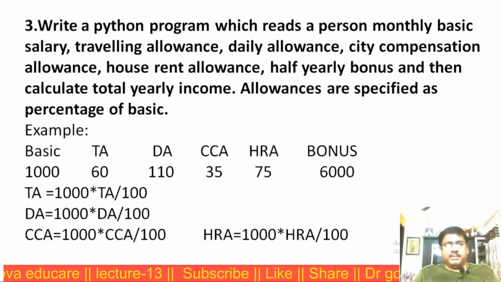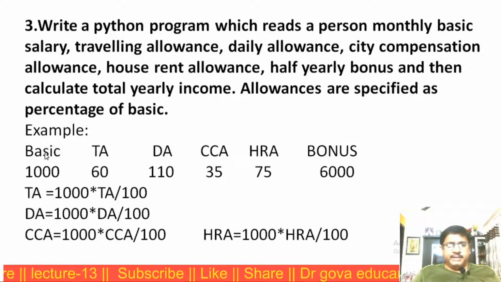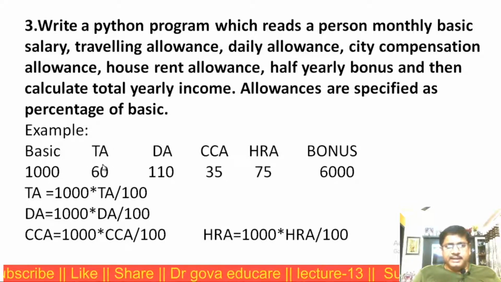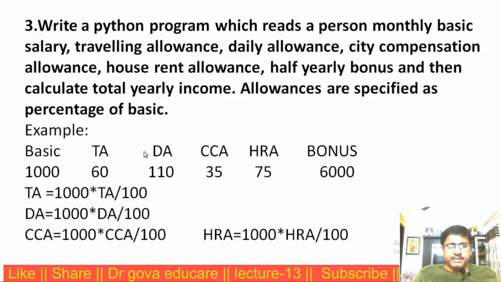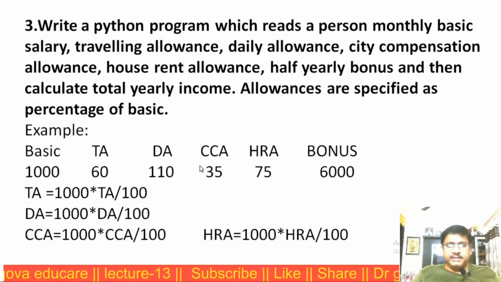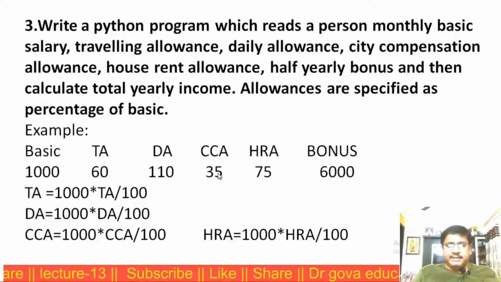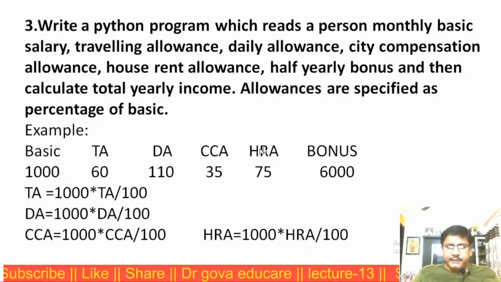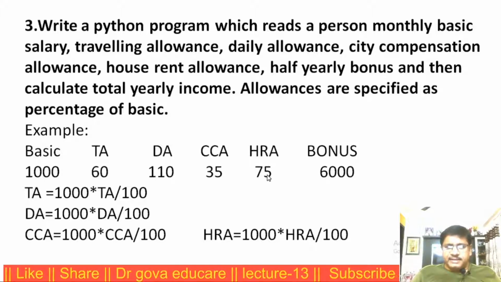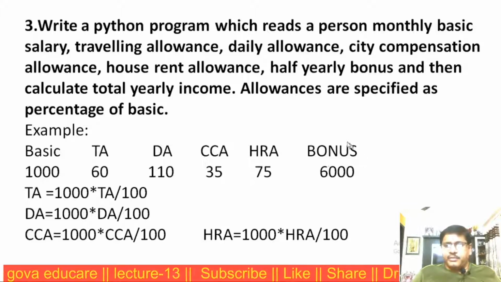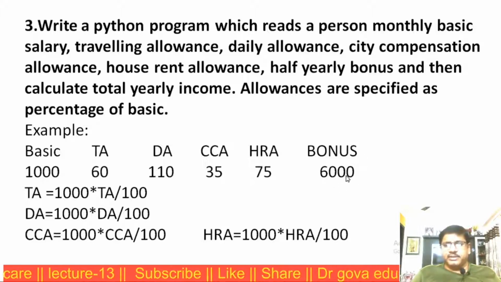For example, the basic is 1000 rupees, TA is 60% of this basic, DA 110% of this basic, CCA 35% of this basic, HRA 75% of this basic. Now half yearly bonus is 6000.